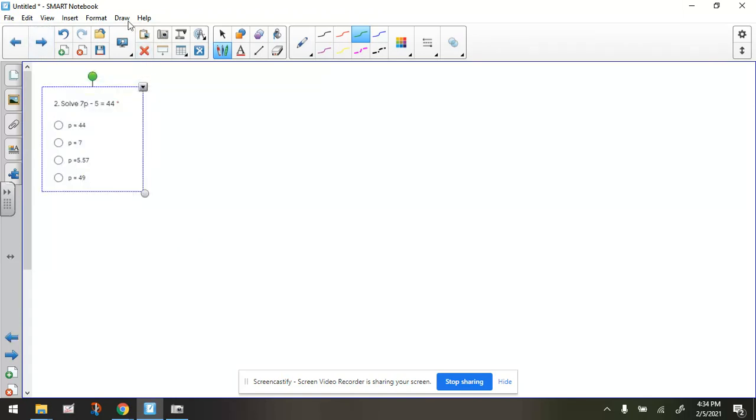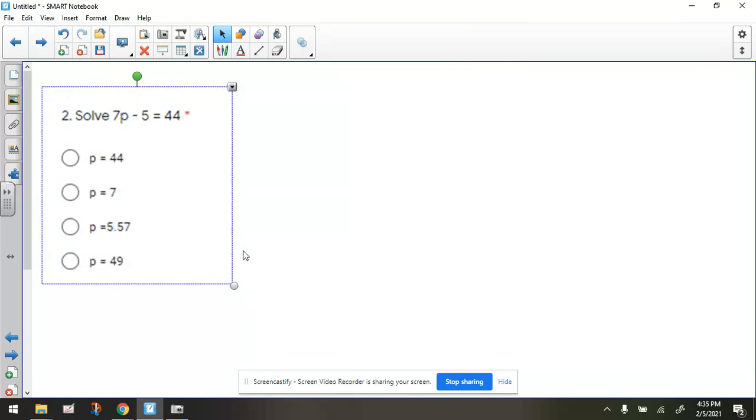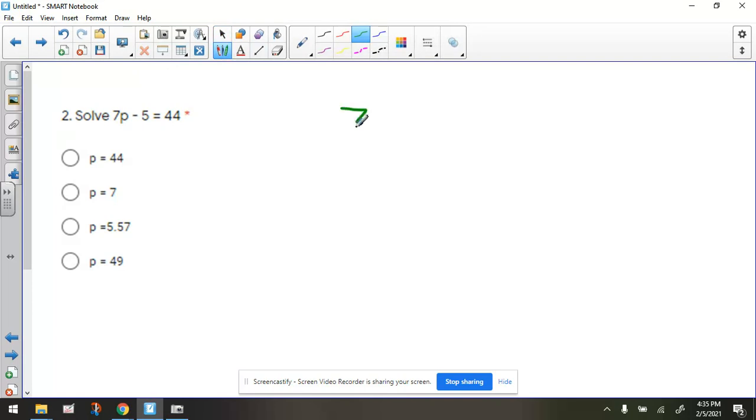All right, let's look at question number 2. It says solve 7p minus 5 equals 44. So let's rewrite it so we have some workspace. 7p minus 5 equals 44. So we look for the variable. Here it is. We look for the add or subtract on the same side of the equation as the variable.